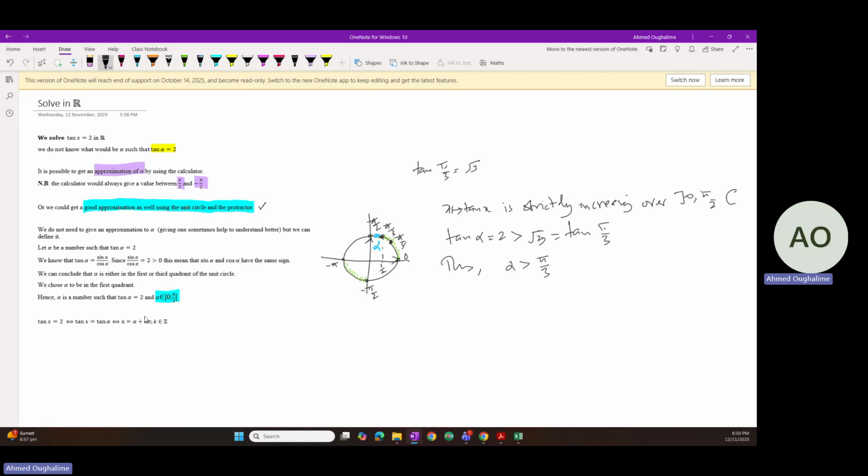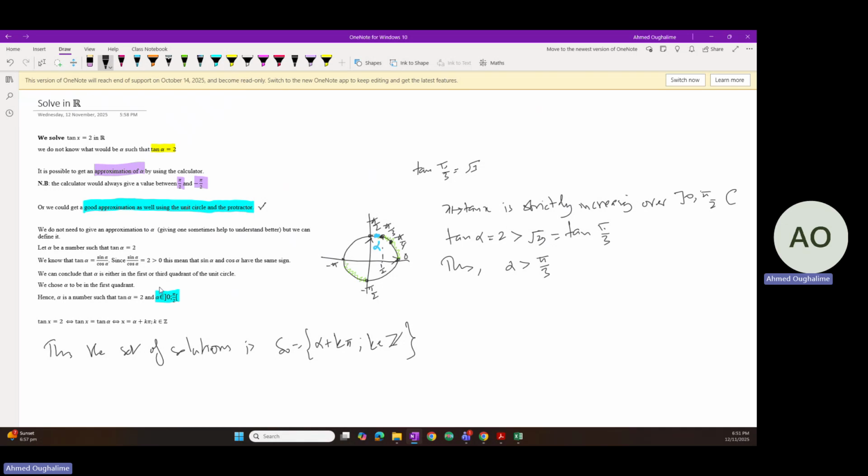Then once I have that, I can just solve the equation and I get my solutions. Thus, the set of solutions is S equal to alpha plus k pi such that k belongs to Z. So this is how we solve such an equation in R. I don't have to write all this actually.